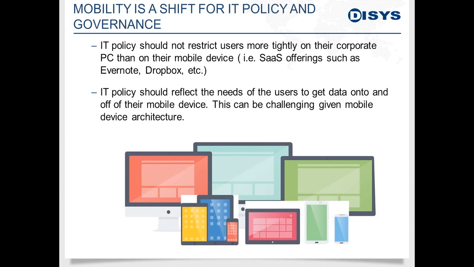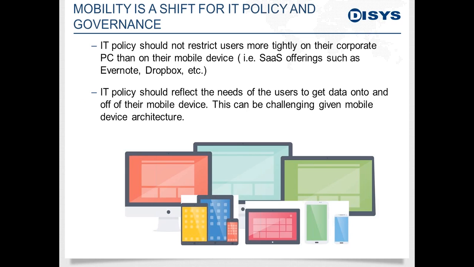For example, some of the software as a service offerings such as Evernote or Dropbox are extremely useful tools for a user to be able to collect data on their mobile device or whatever. If a company is blocking access to those sites out of fear of network storage or worried about their information leaking out, then they really are getting out of the direct path of the data. So IT policy should reflect the needs of the users to get data onto and off of their mobile device.